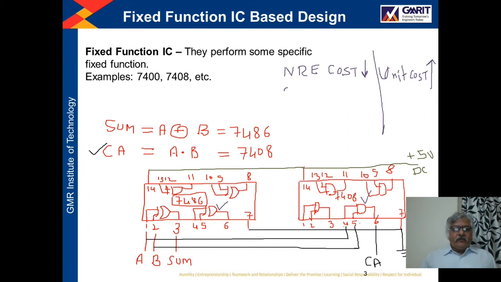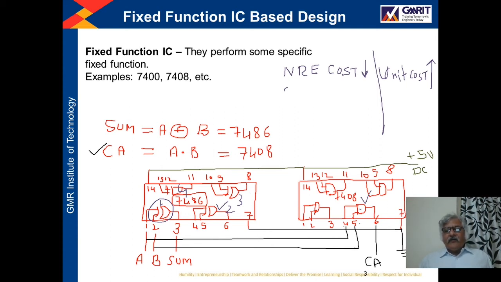Now if you see 7486 IC, then in 7486 IC there are four XOR gates: 1, 2, 3, 4. We have paid for all these four XOR gates, but in our logic we are utilizing only one XOR gate number 1, and remaining XOR gates we are not using. So simply it is a waste of money for us, but we have paid, right?